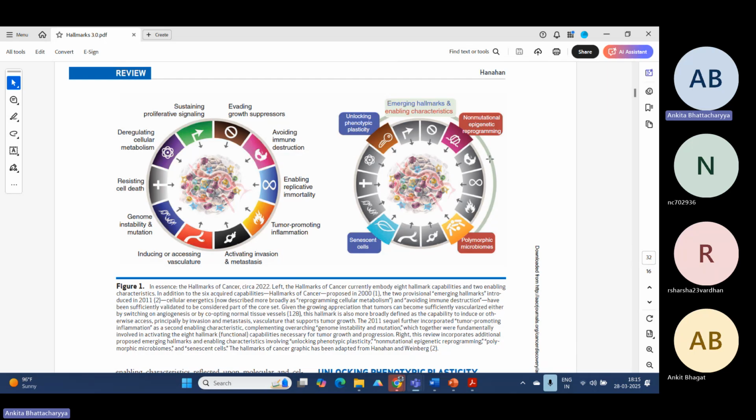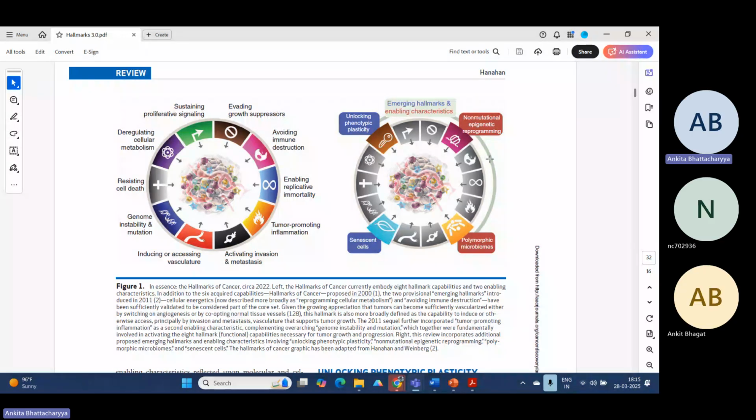And apart from that, another concept that has been proposed as an enabling characteristic are polymorphic microbiomes. The surrounding microbiota has also been proposed in this regard.